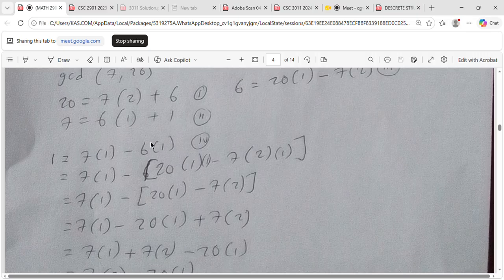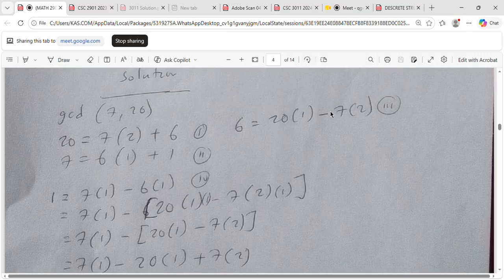No. Was 6 a remainder? Yes, 6 was a remainder. So 6 is 20 times 1 minus 7 times 1. So wherever we have 6, we are just substituting this equation wherever there is 6. So 20 times 1 minus 7 times 1, times 2.